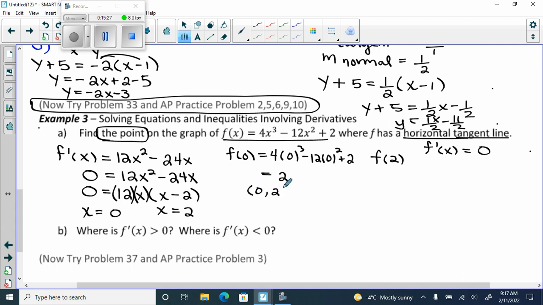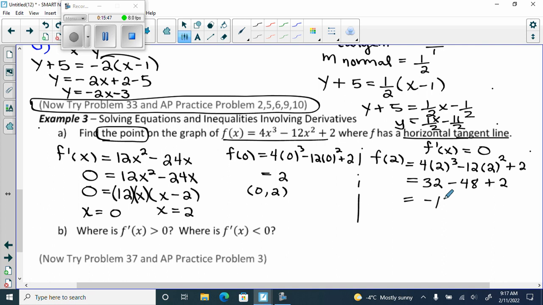So 0, 2 is one of our answers. And then 4 times 2 cubed minus 12 times 2 squared plus 2. 8 times 4 is 32. 4 times 12 is negative 48, plus 2. It's 34 minus 48, which is negative 14.